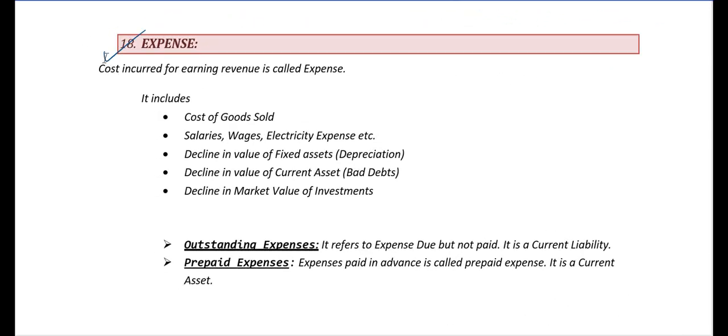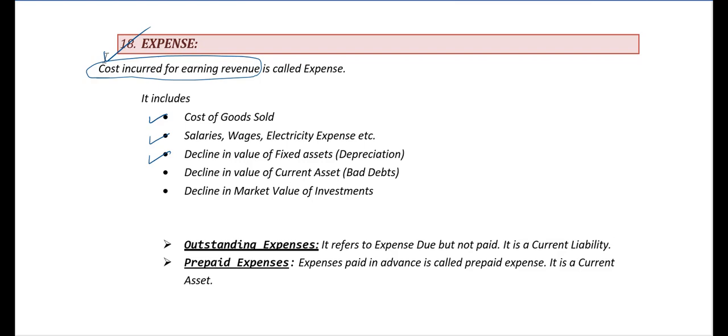18th term, expense. Expense is defined as the cost which is incurred in order to earn revenue. So any cost which is incurred in order to earn revenue is called expense. It includes the following: the cost of the goods sold, expenses such as salaries, wages, electricity expense, etc. It includes depreciation, which is decline in the value of fixed assets.